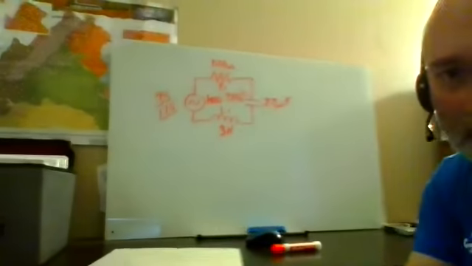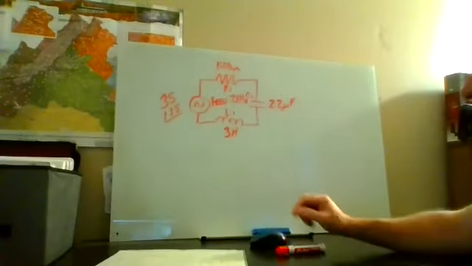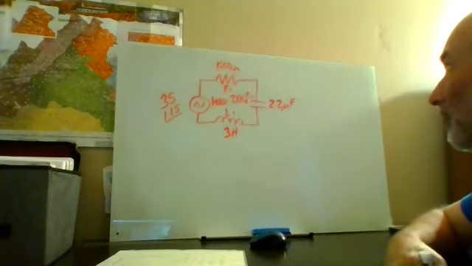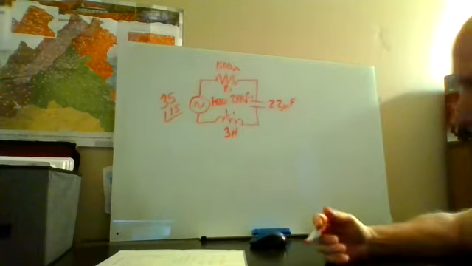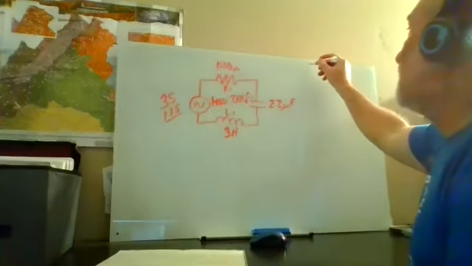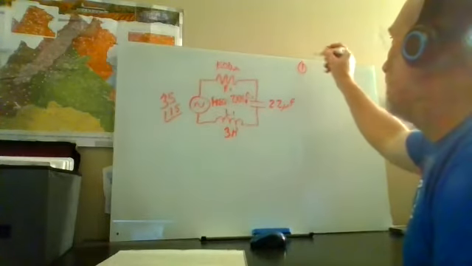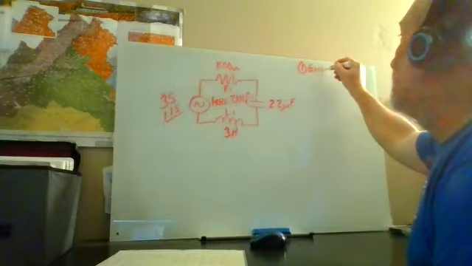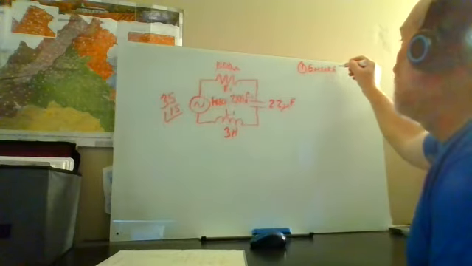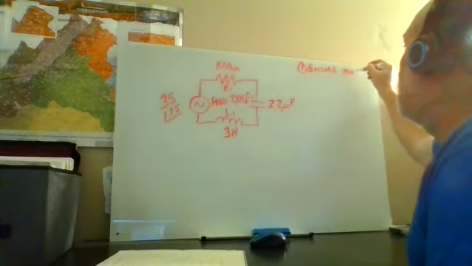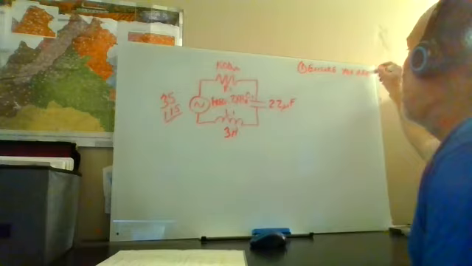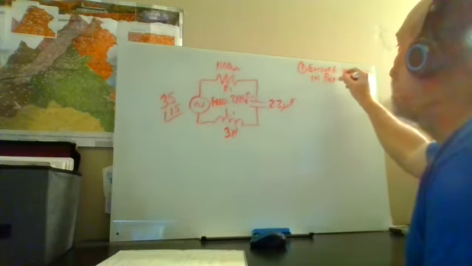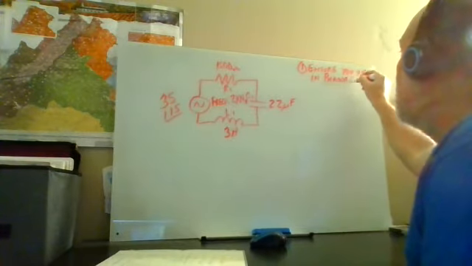Okay, so here we have an AC series circuit. Remember, we had steps that we do. Step number one, what do we say? Ensure you are in phasor form.